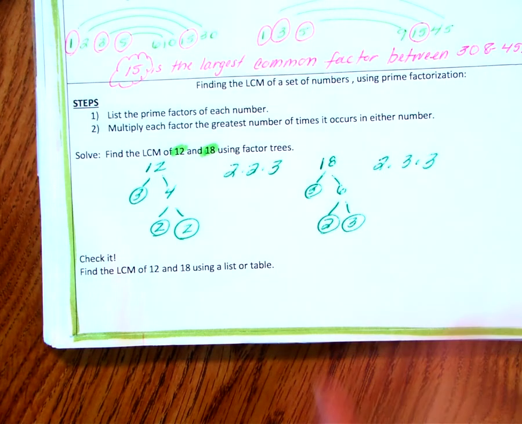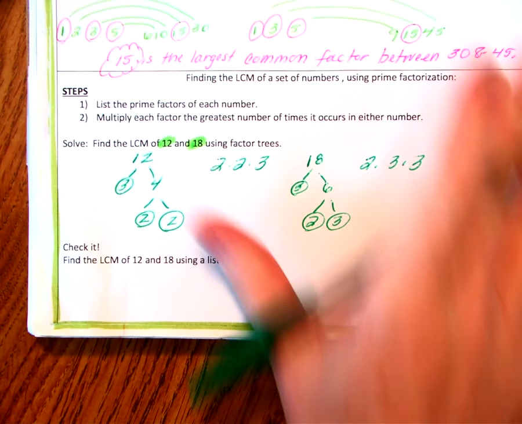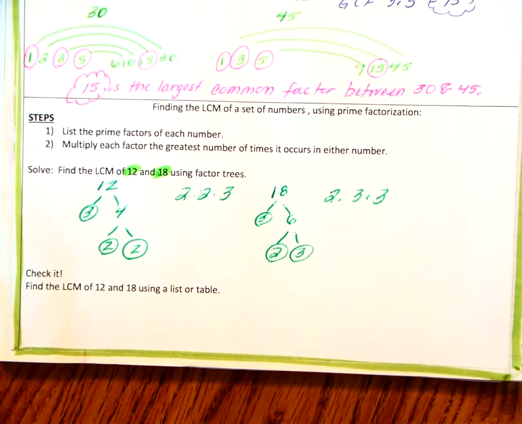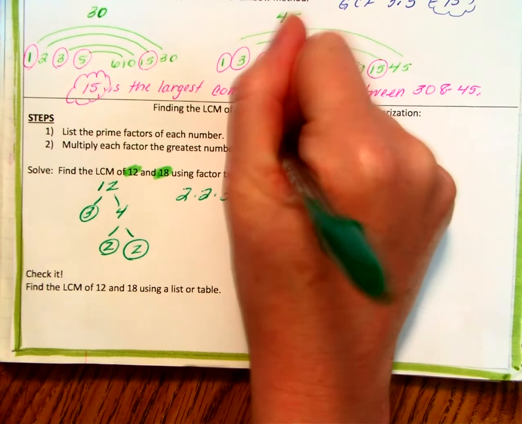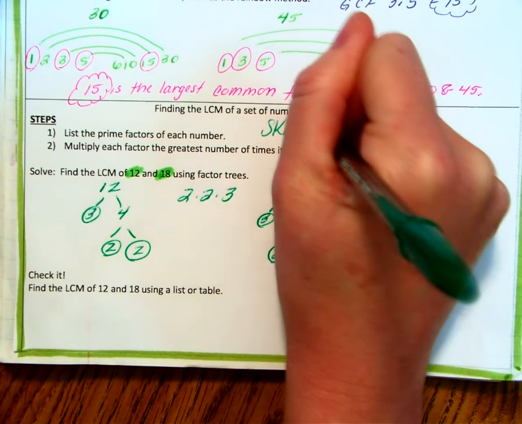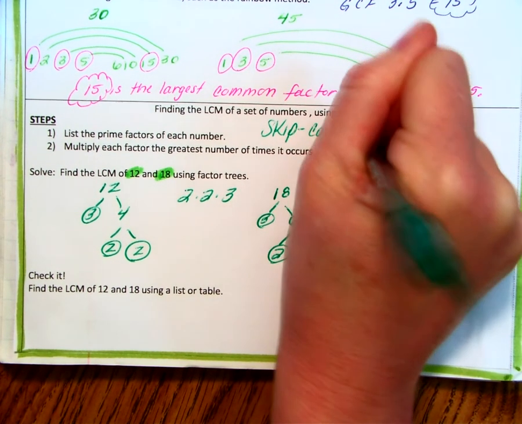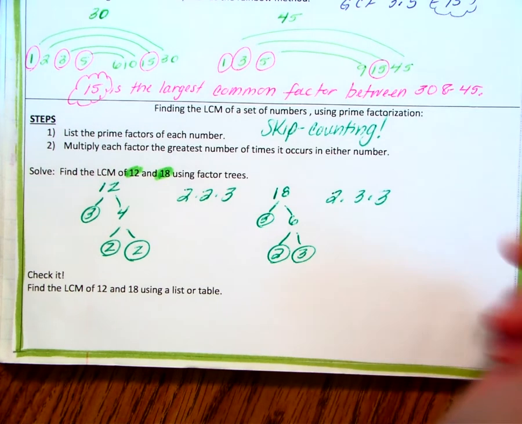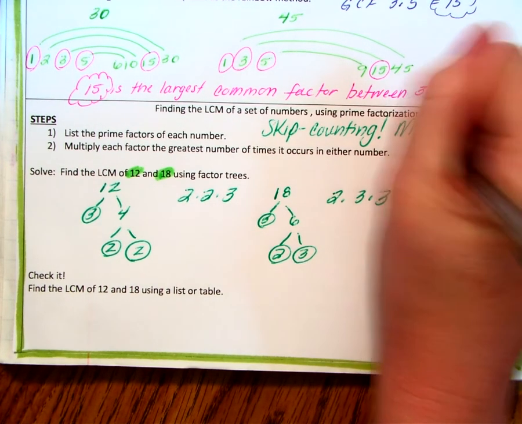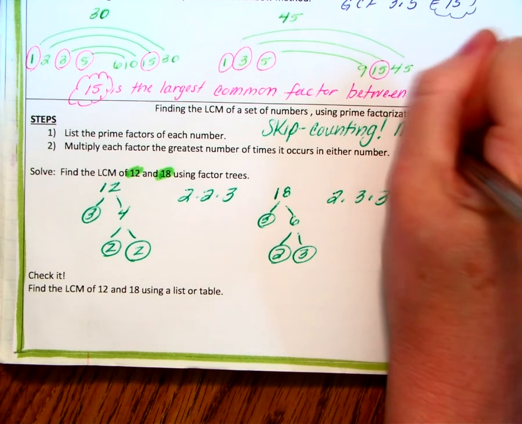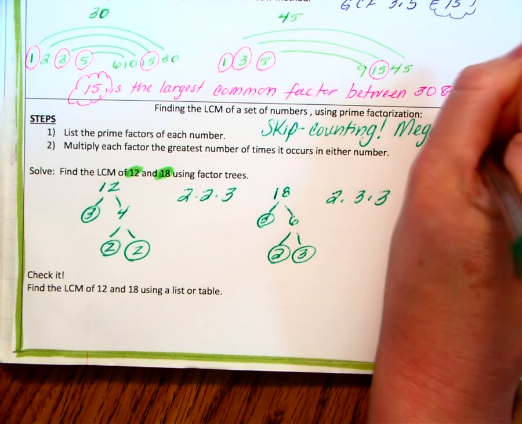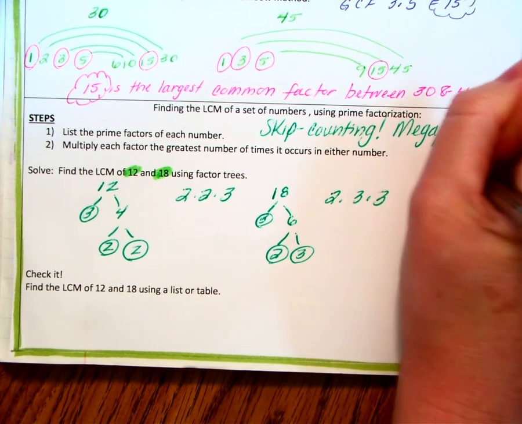We're finding least common multiple. Multiple is getting when you're skip counting. So multiple is skip counting. I've seen some teachers call it like it's a megaphone because it's getting louder and multiplying. The numbers get bigger. We want numbers to get bigger.